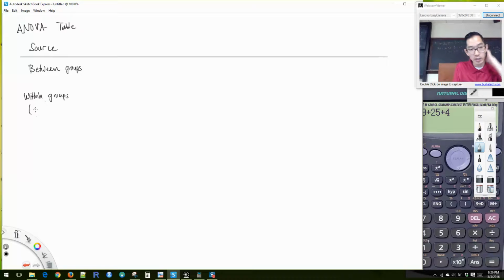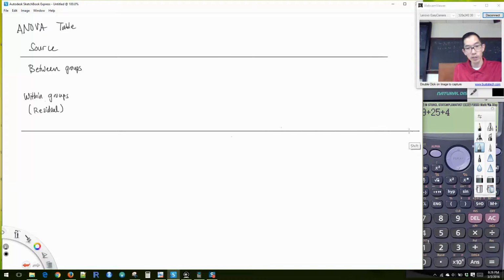This is generally referred to as residual variation. And then we will have the total, okay? Then we're going to have degrees of freedom. I'm just going to write df, degrees of freedom. Then we're going to have the sum of squares.